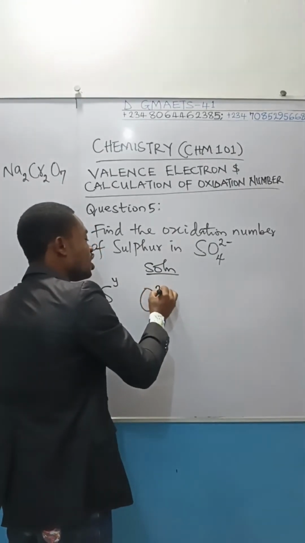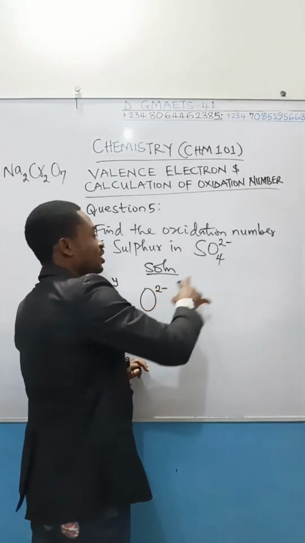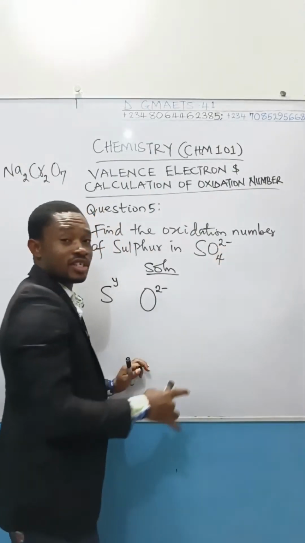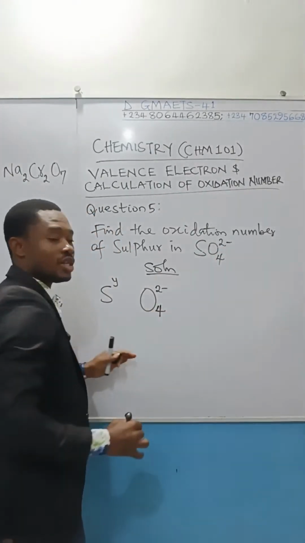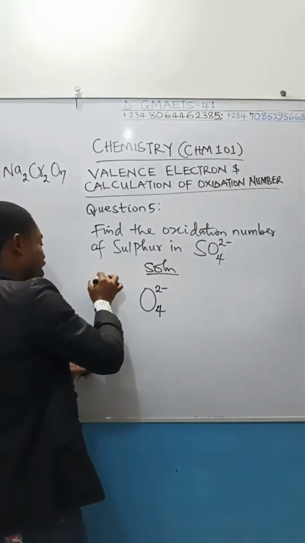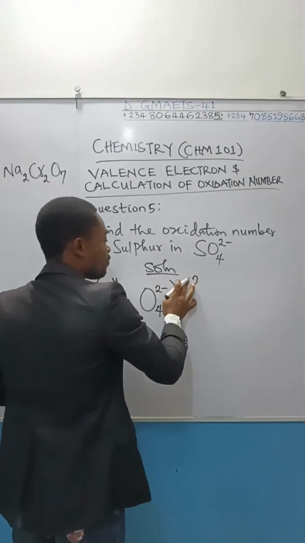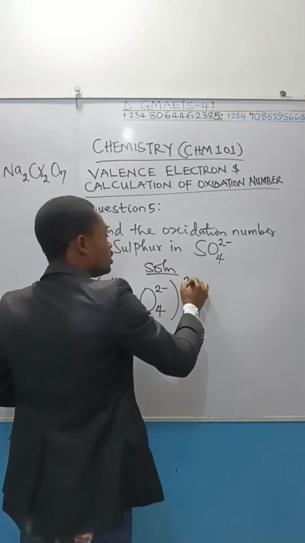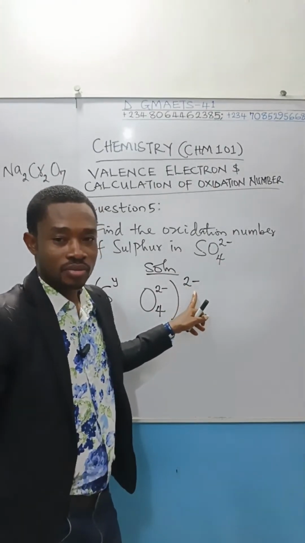Valency of oxygen alone is -2. Take note, this -2 here is not the -2 that I have here. It's not. The atomicity of oxygen there is what? 4. In fact, let me put all this in brackets, and then I will fix 2 minus outside here. This 2 minus is the ionic charge.